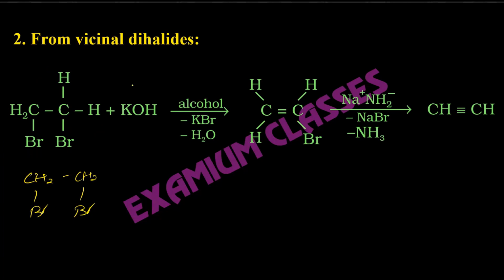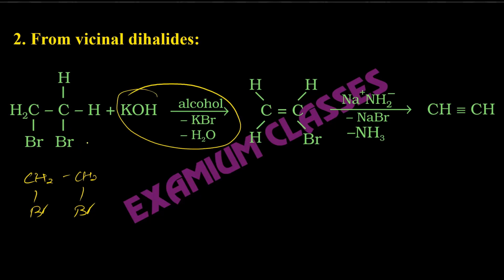When we get it reacted with alcoholic KOH, remember alcoholic KOH, we get alkene with 1 bromine less here. Now in a few books, this conversion is written as though it can replace both the bromine and hydrogen, meaning it can do dehydrohalogenation.